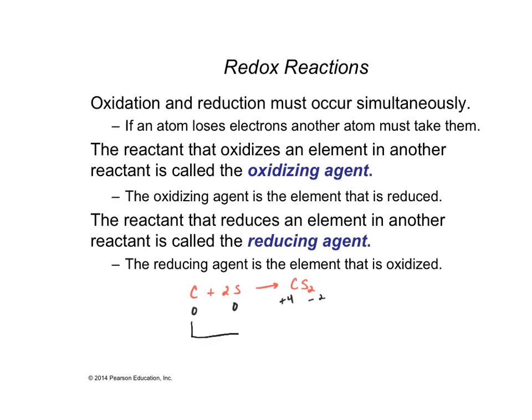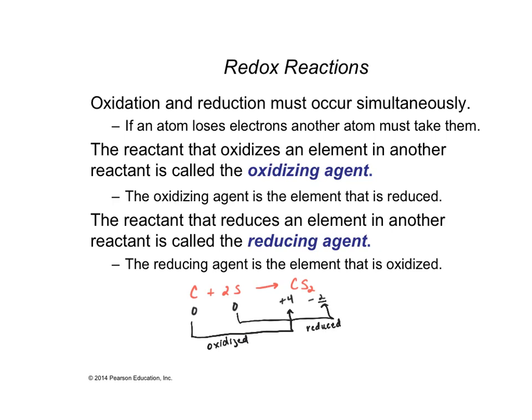So we saw that carbon, in increasing its oxidation state, was oxidized, it lost electrons, and sulfur was correspondingly reduced, it gained electrons, and that's why we go from 0 to a -2, because again, electrons are negatively charged, okay? So one can't occur without the other.